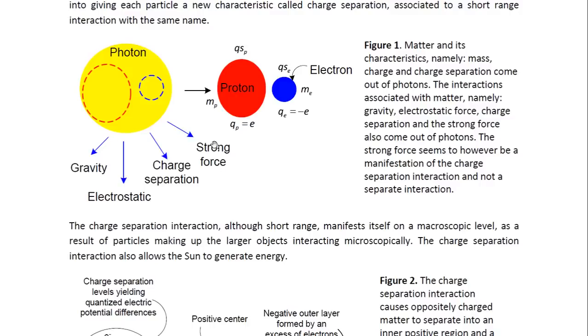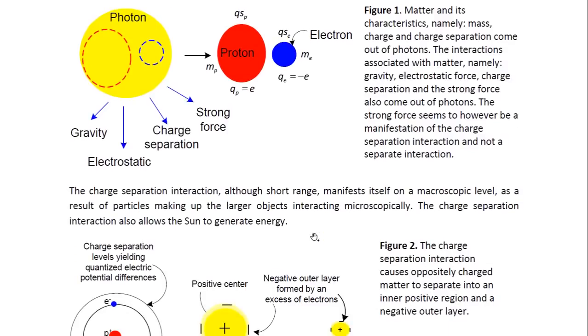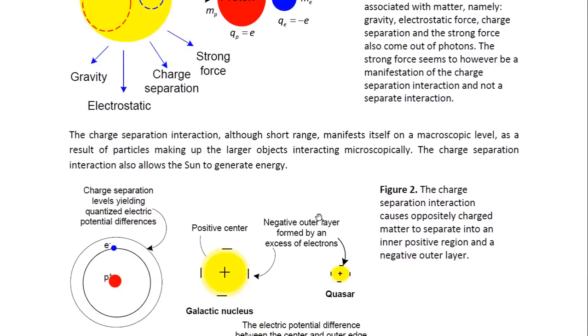However, the strong force is already a short-range force, and that causes protons to be attracted to protons, and therefore they are a manifestation of the charge separation interaction, which we would expect between like charges, that is for protons to attract each other.